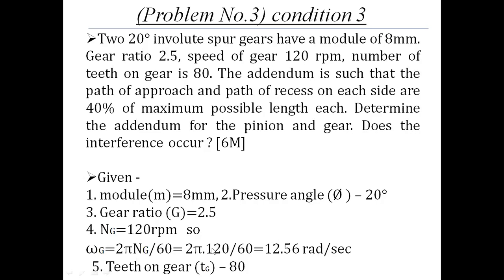That is 2 pi into 120 rpm divided by 60. So angular velocity for gear comes to 12.56 radian per second. And the next data is given, teeth on gear TG is given 80.